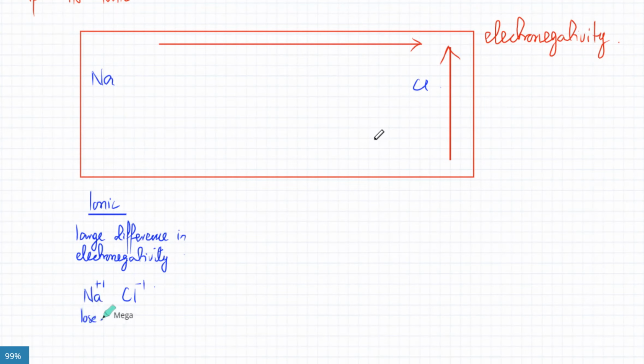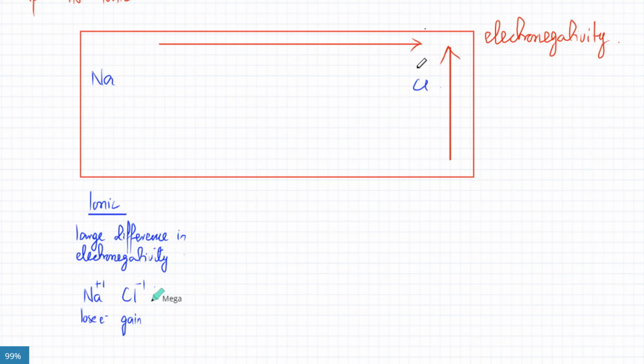NaCl has a large difference in electronegativity. One of them is on the extreme left side, so that is not very electronegative. The other one is on the extreme right side, that is extremely electronegative. Clear?